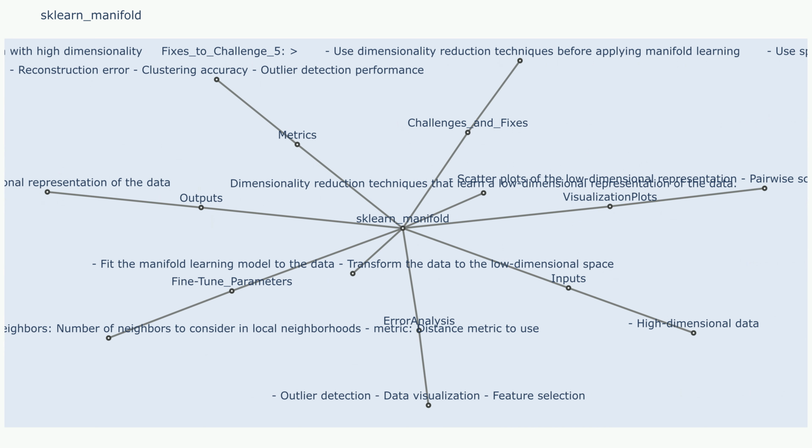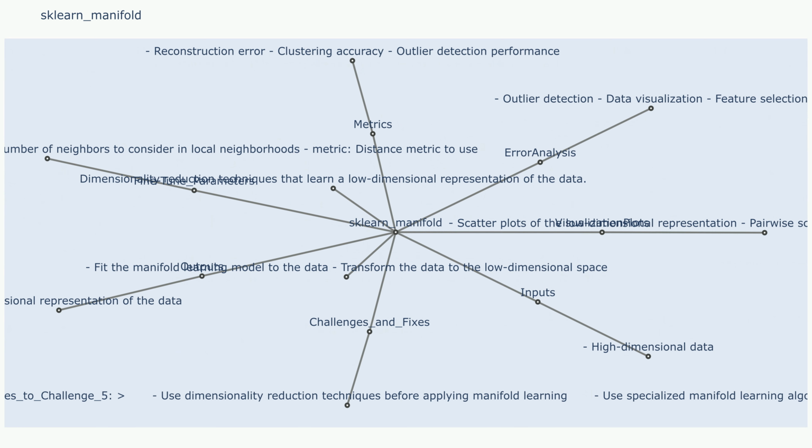This process aims to minimize the distortion introduced by reducing the dimensionality. Step 3, embedding. Once the optimization process converges, the data points are embedded in the lower dimensional space, providing a representation of the original data that preserves the desired properties.